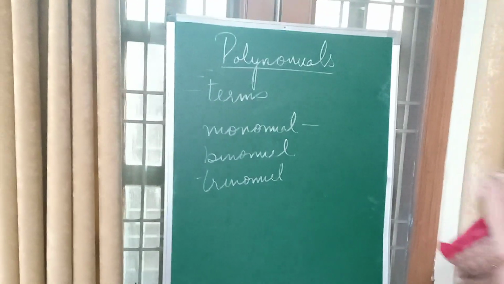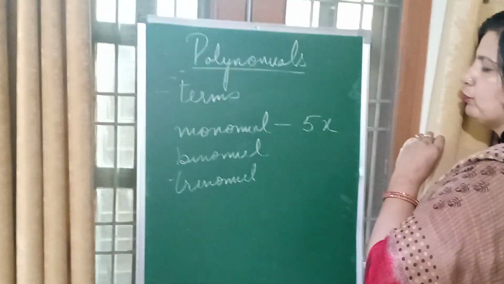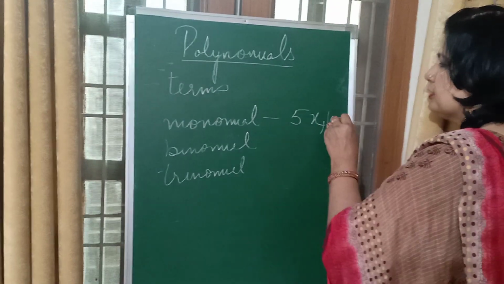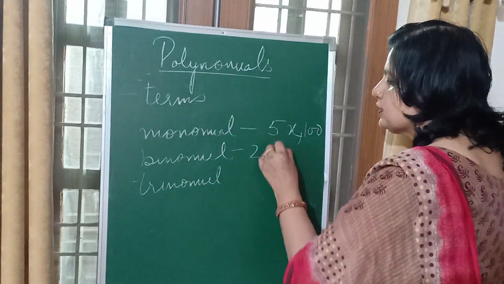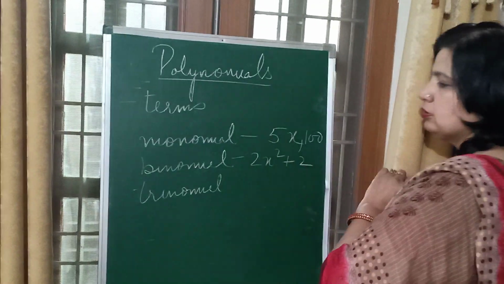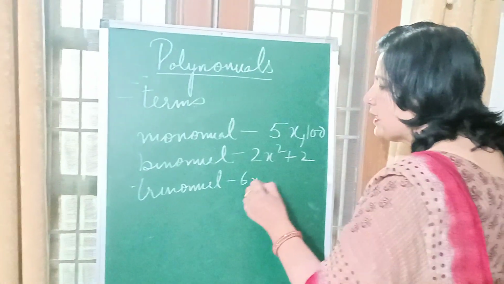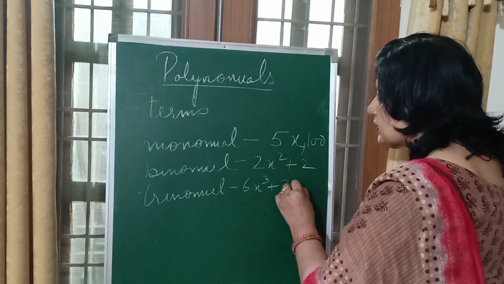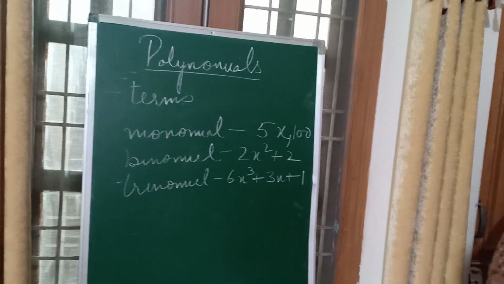Monomial means single term, that is 5x. This is an example of a monomial. 100, this is also a monomial. Binomial, 2x square plus 2. Many examples we can have. Trinomial, 6x cube plus 3x plus 1. Trinomial consists of three terms.